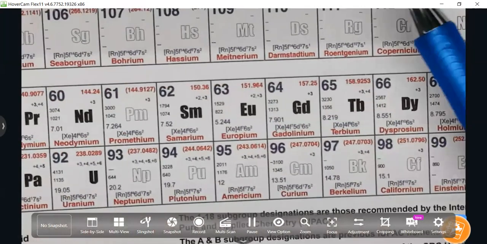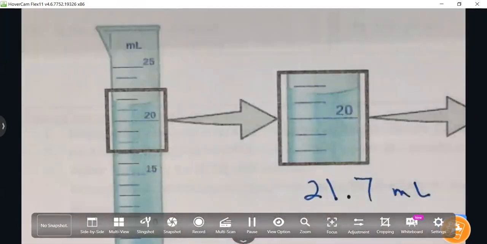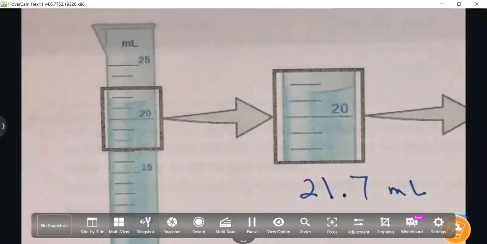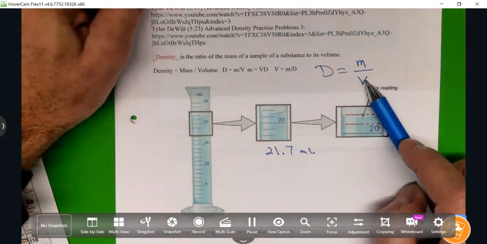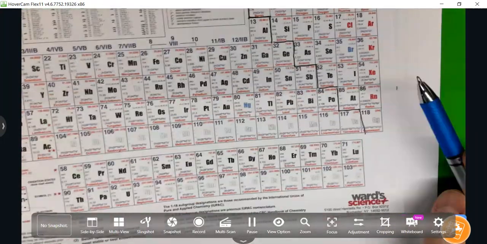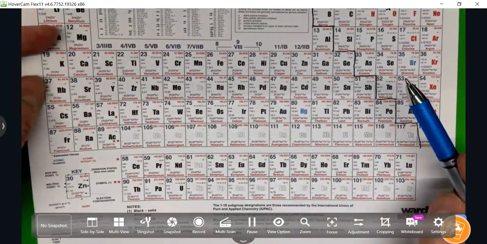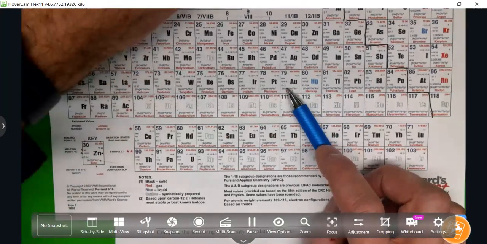Something that's very, very dense should have a large mass in a small volume, right? And an element that's very dense, of course, is gold. Here is 19.3.